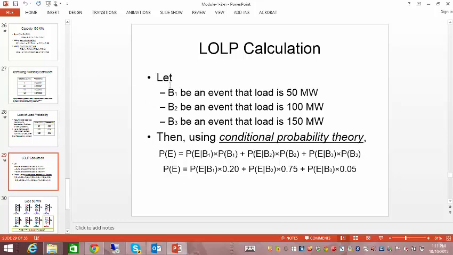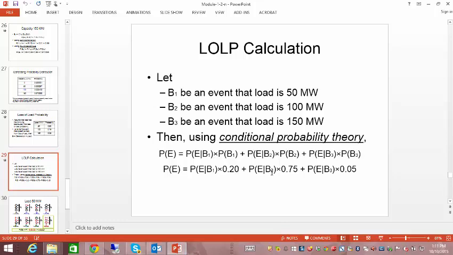So let us say that event B1 is that load is 50 megawatt, event B2 is 100 megawatt, B3 150 megawatt. Now to compute the loss of load probability, we will use the conditional probability theory. That the probability of event E, which is the loss of load probability, is E given B1 times the probability of B1, plus probability of E given B2 multiplied by the probability of B2, plus E given B3 multiplied by the probability of B3.